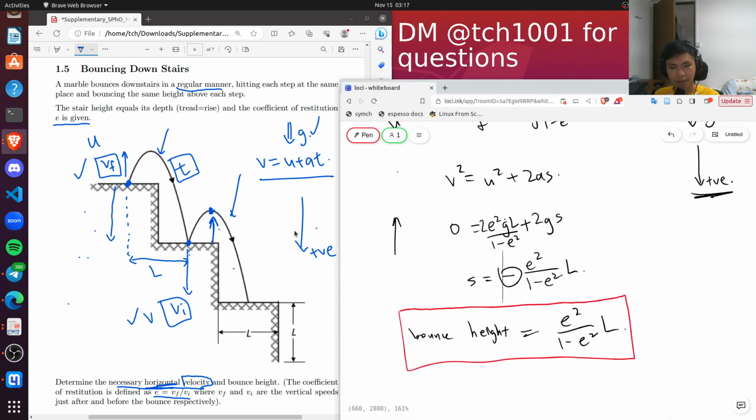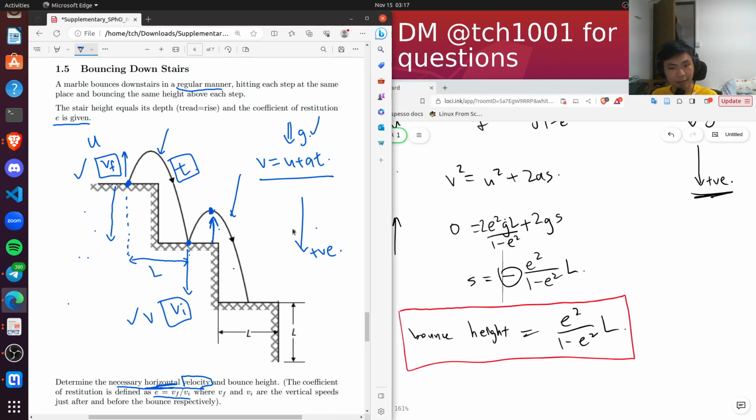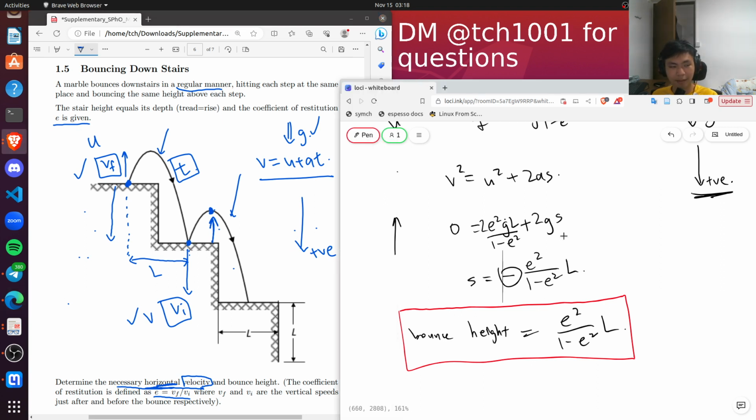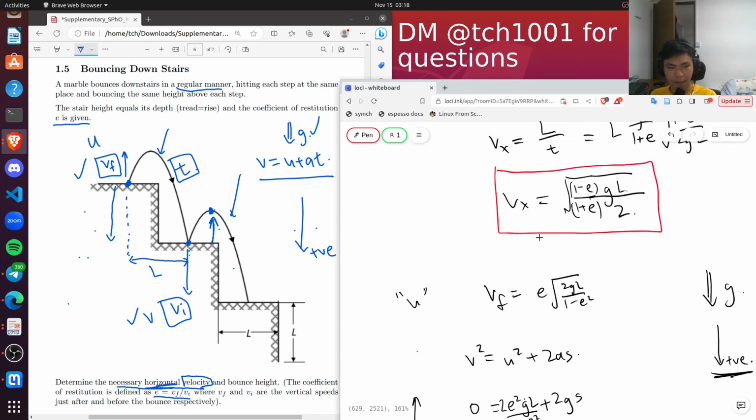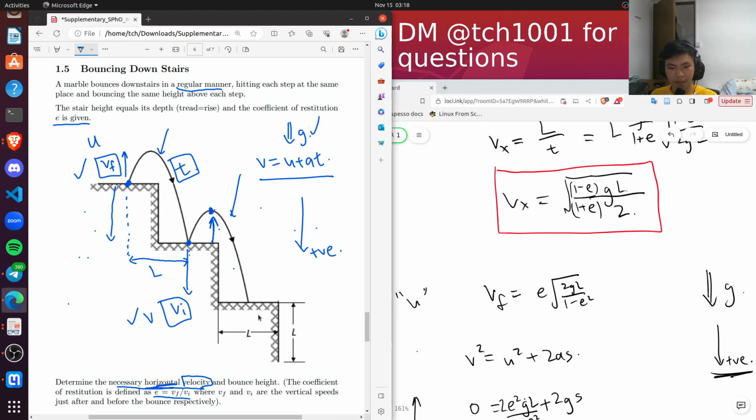So do take note of what quantities you know, what quantities you need to know, and then decide your kinematics equation based on that. So ideally you can do it in one step. If it helps, you can always break it down into multiple steps, but that would be a bit more costly in terms of time. So know the quantities you need to find out, and know what quantities you know, and chase these quantities around. So yeah, I'll see you in the next video.